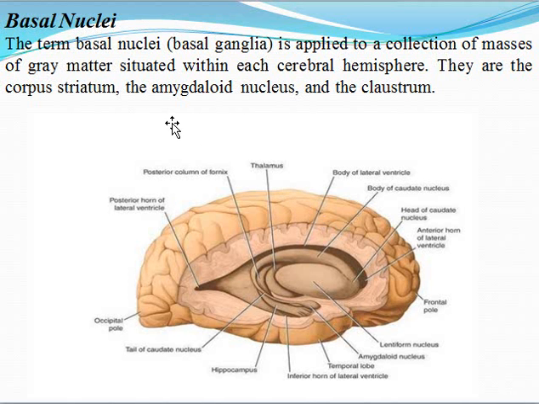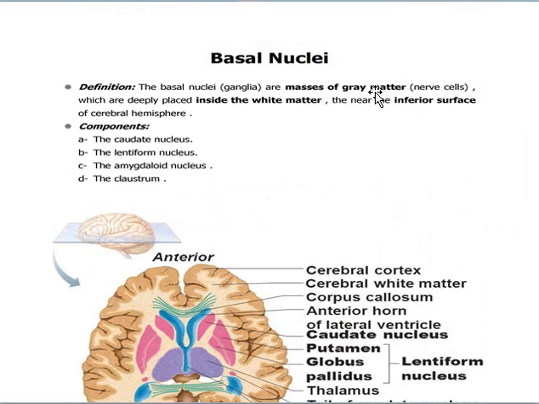Now the basal ganglia. The basal ganglia, as a definition, are collections of masses of gray matter situated within each cerebral hemisphere. They are the corpus striatum, composed of the caudate nucleus and lentiform nucleus, the amygdaloid nucleus located in the temporal lobe, and the claustrum located more laterally near the cortex of each hemisphere and inferior surface.